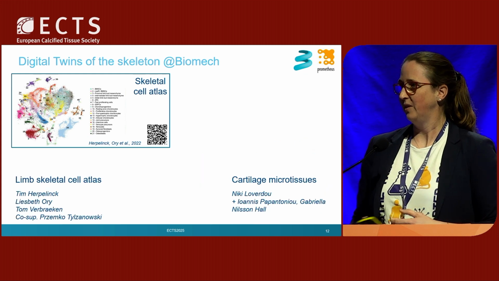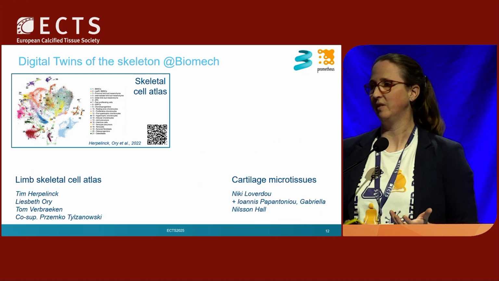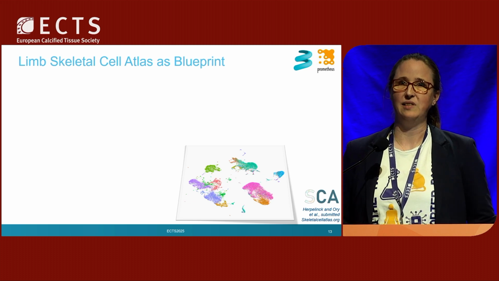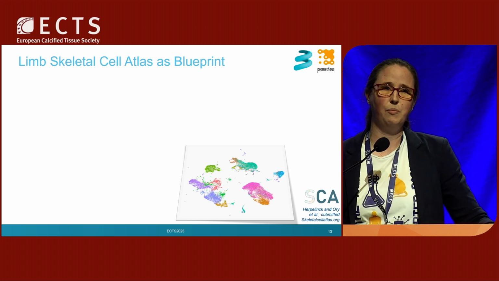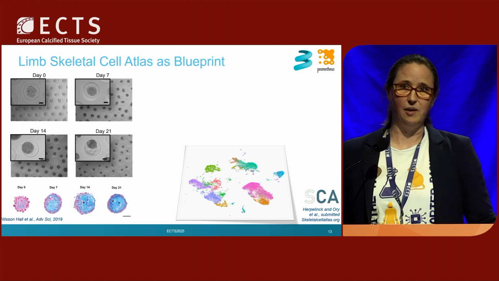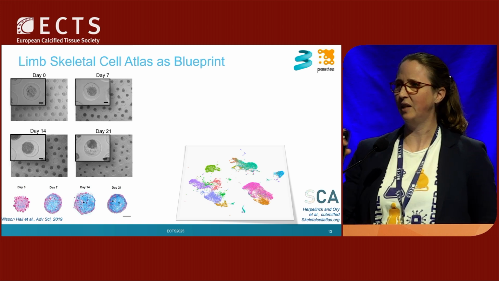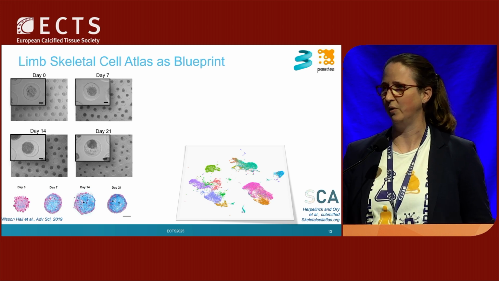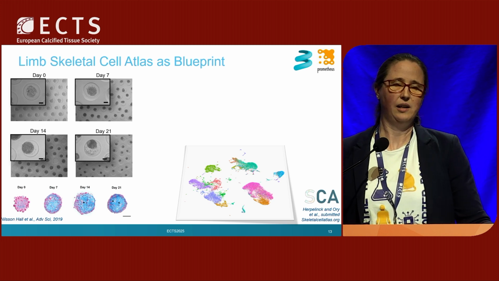Now, just to go a little bit more into detail, with a skeletal cell atlas, everybody knows the bioinformatics, you can develop these atlases, and how are we using them in the lab? Well, as a blueprint, because a few days ago, one of my colleagues, Professor Papantonio, showed the work that we're doing on organoids in the lab.